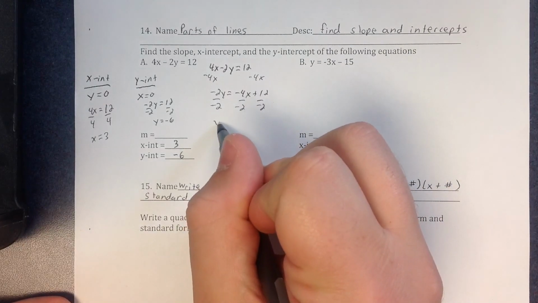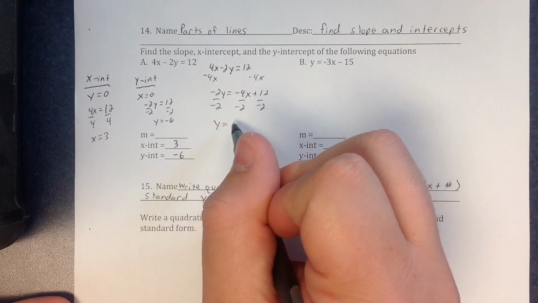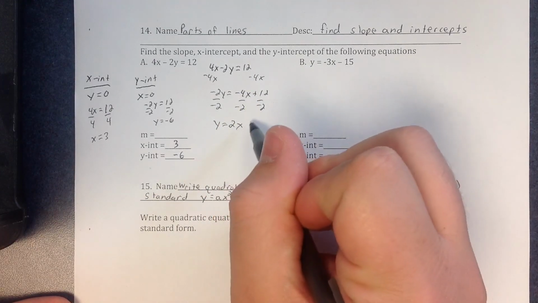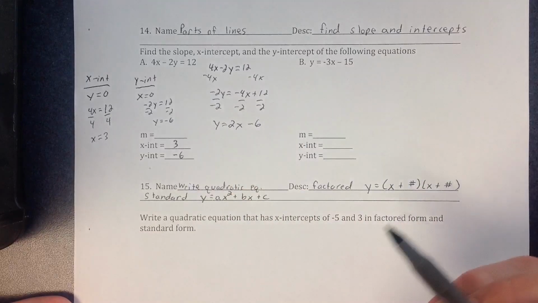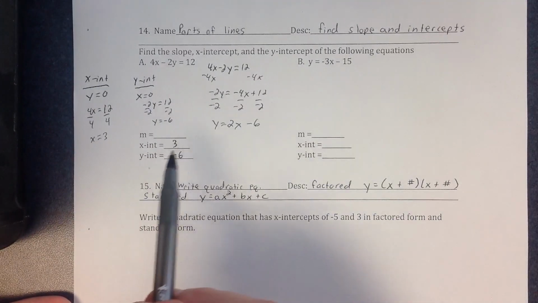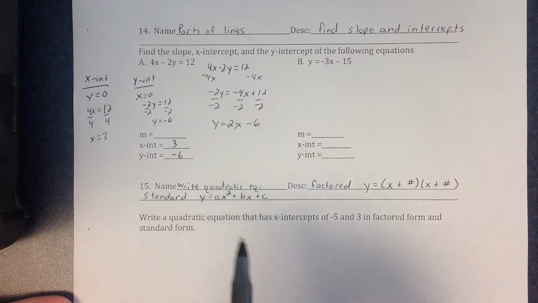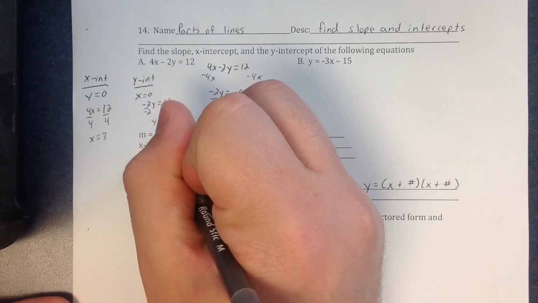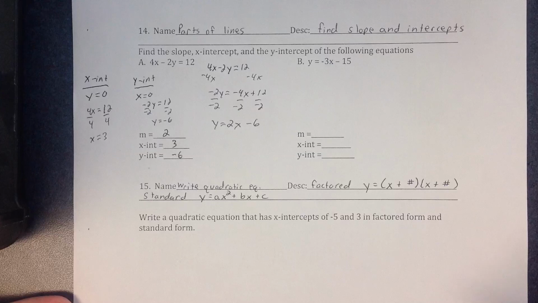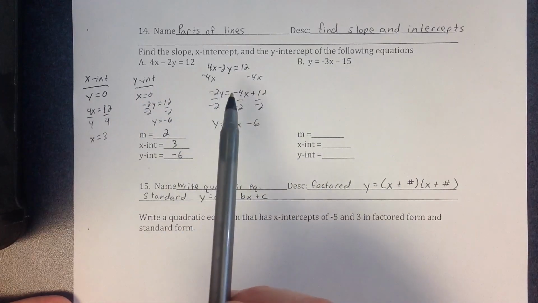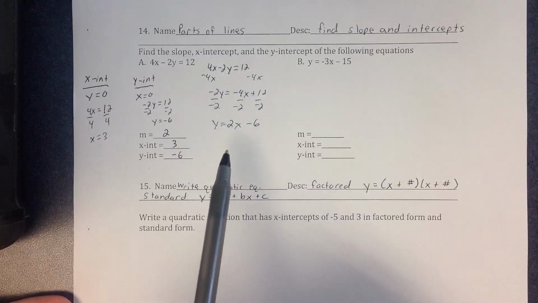So I'd get y equals negative 4 divided by negative 2 is positive 2, x, and then 12 divided by negative 2 is minus 6. Now again, once it's in slope-intercept form, that tells me 2 is the slope. So m equals 2. So again, standard form, x and y intercepts are pretty easy to find. You've got to do a little bit of work to find the slope.